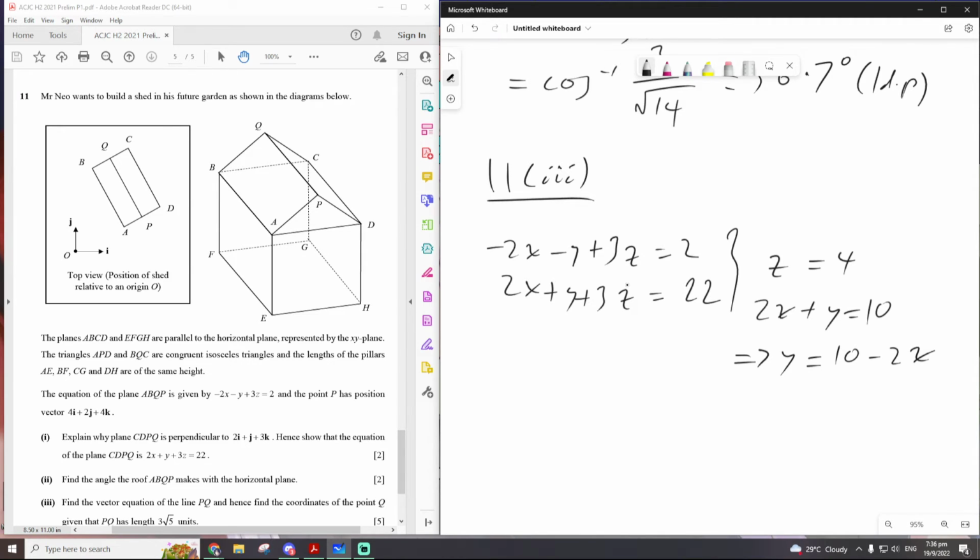So for PQ, you have the equation y equals 10 minus 2x and z equals 4.